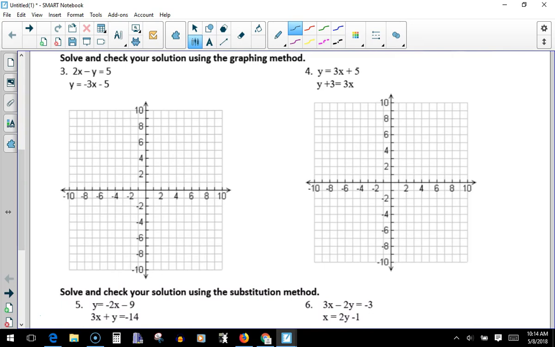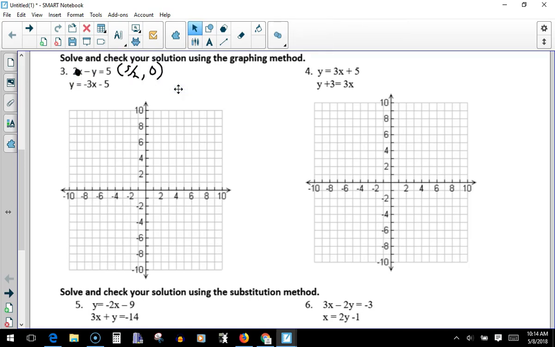Okay, solve and check your solution using any method you want. I mean, graphing method, but when I say either method, you can put in slope-intercept form or the cover-up method. So I'm going to do the cover-up method in the first one. I'm going to cover up my y, and that's going to give me x is 5 divided by 2. And again, I plug in y. And then I'm going to cover up the x.